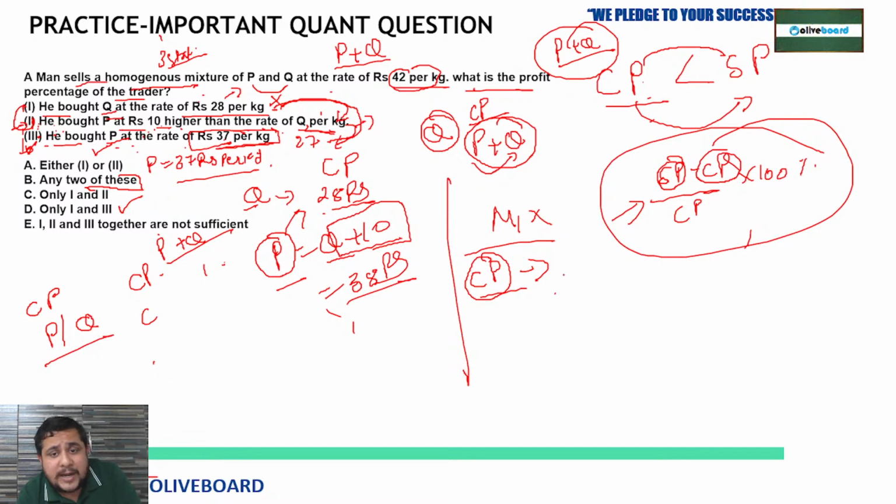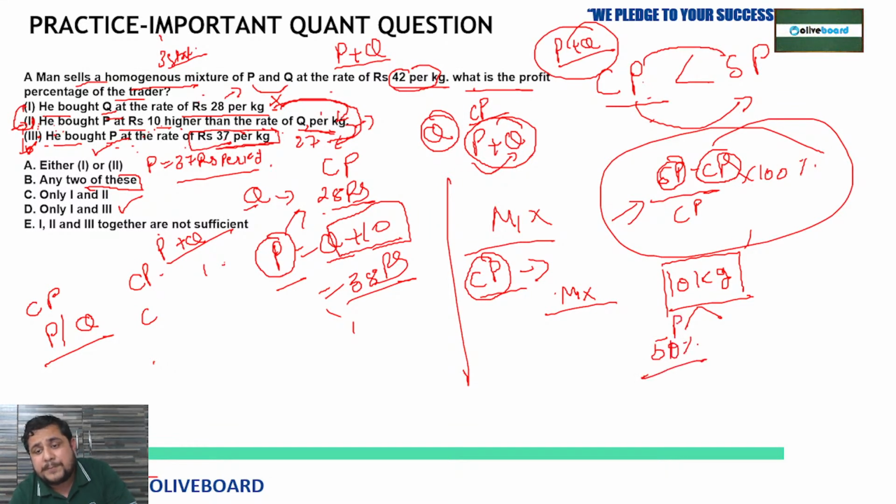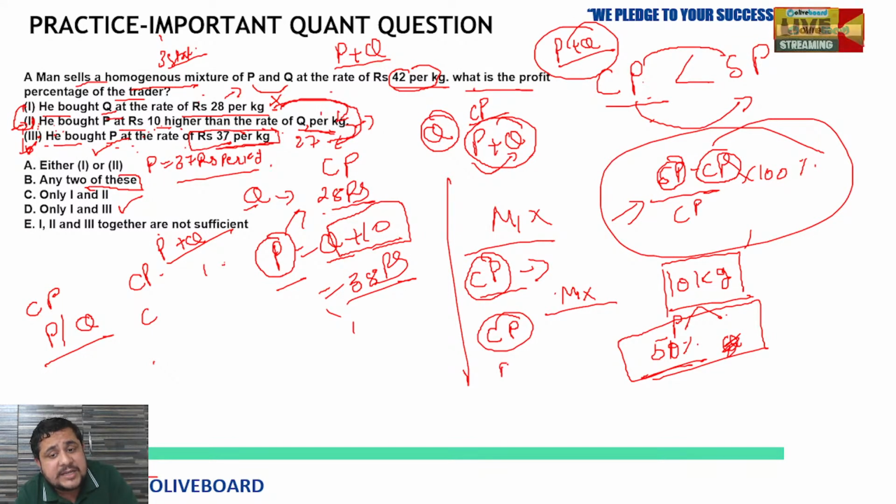But if I am talking about a mixture, suppose I am selling 10 kg, is anything given, like 50% will be from P and 50% will be Q? No, nothing is given. Their quantity proportion is not given. So we cannot get the mixture cost price here.